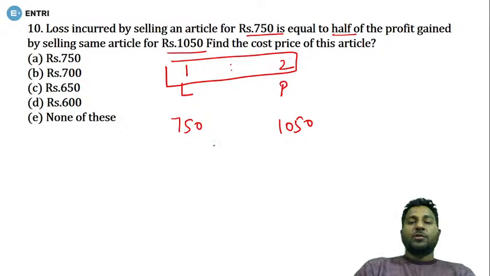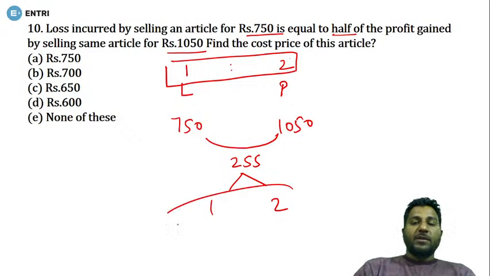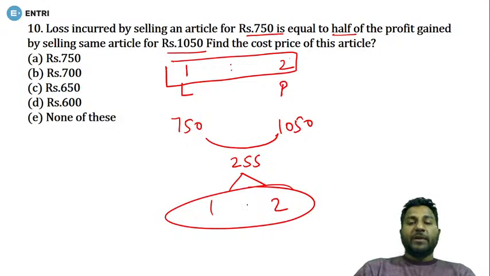Okay, so 1:2. Let's take the difference between these two, 1050 and 750, which is 300... 255 must be divided into 1:2. That means 3 ratio equals to 255. So 1 ratio equals to 85.